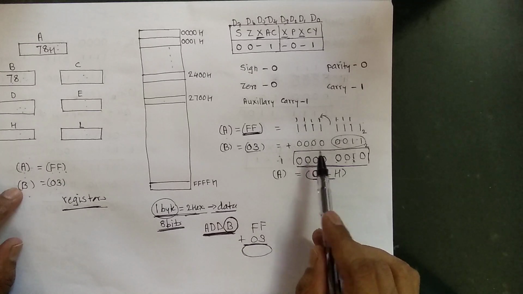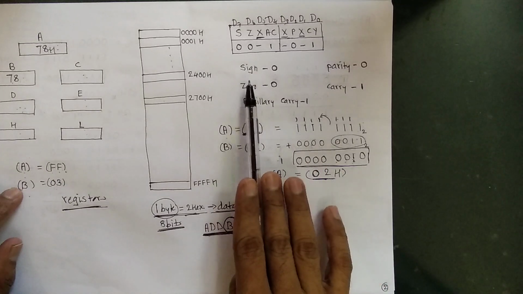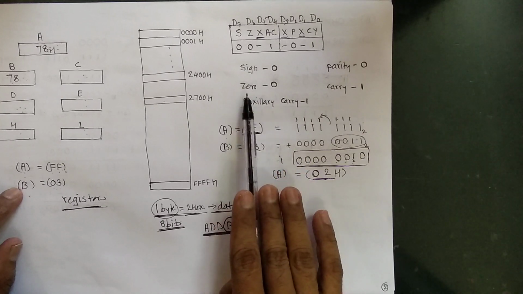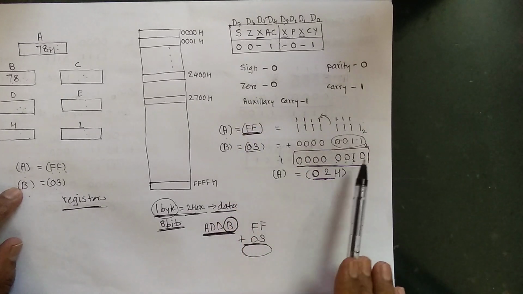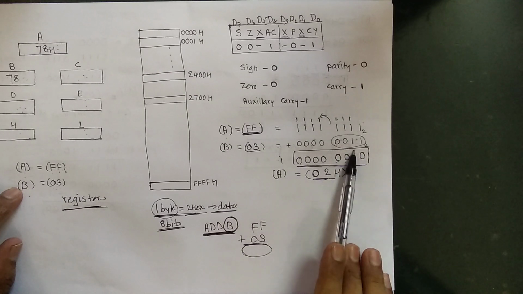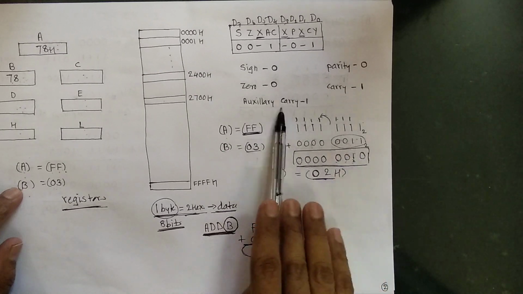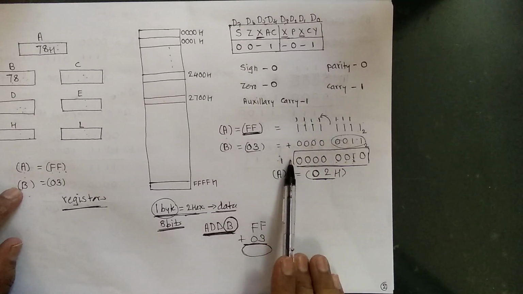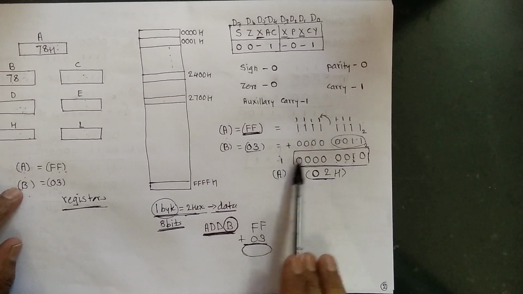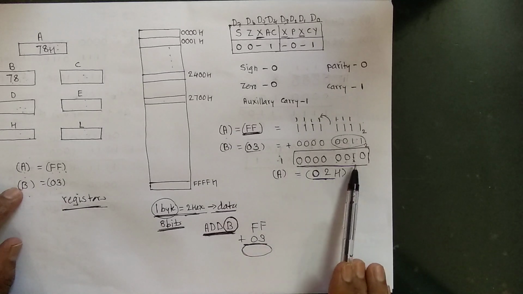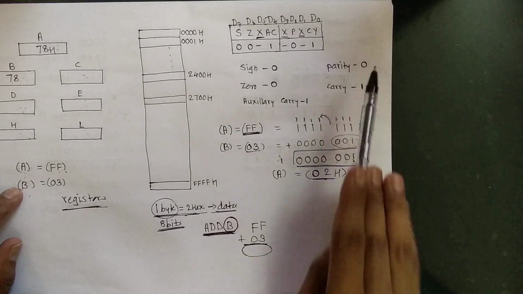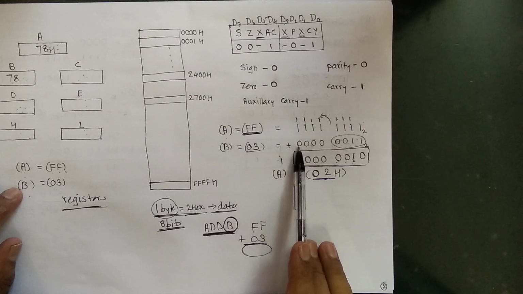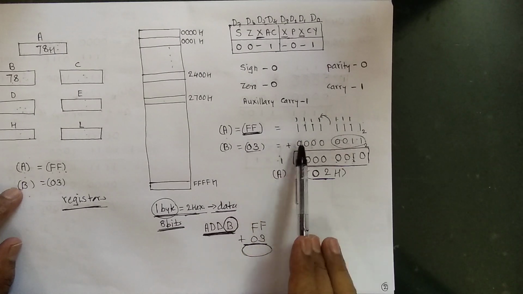The sign flag will set if the answer is negative. The zero flag will set if the content of the accumulator becomes 0. The auxiliary carry flag will set if carry is generated from the 4th to 5th bit. The parity flag will set if 1 is present an even number of times. The carry flag will set if carry is generated from the most significant bit, that is 8th bit to 9th bit.